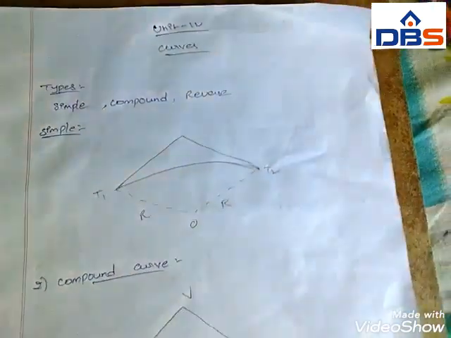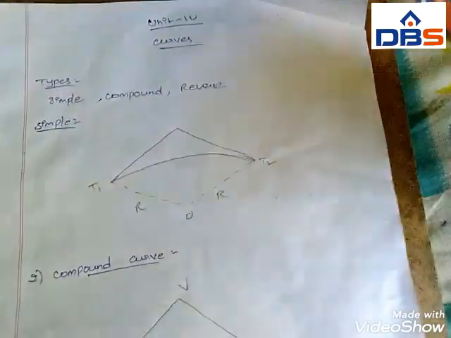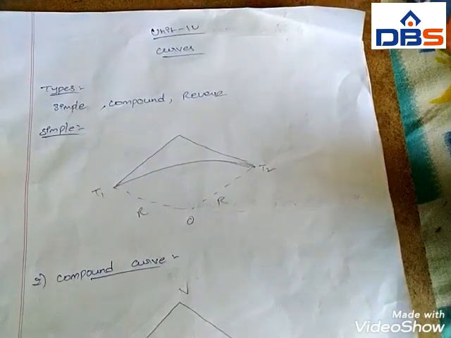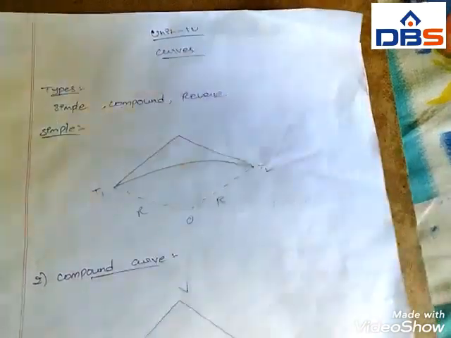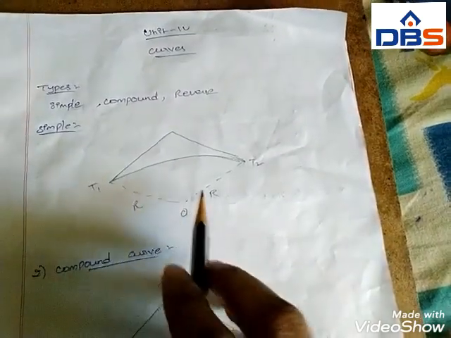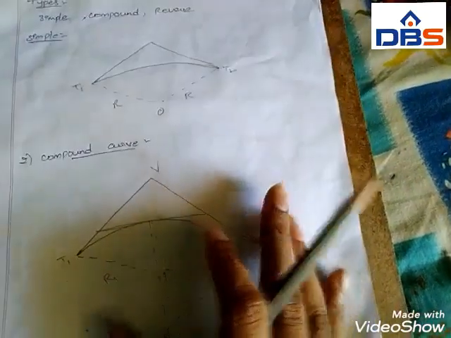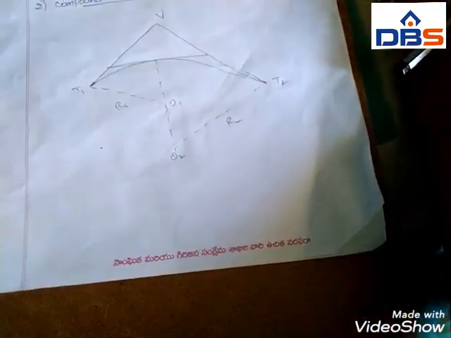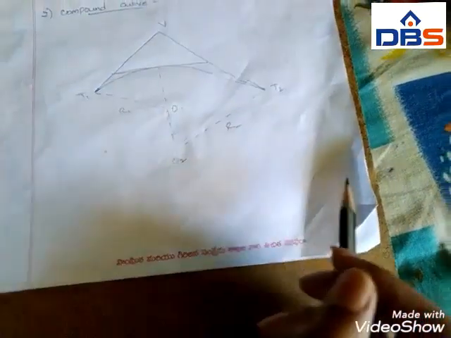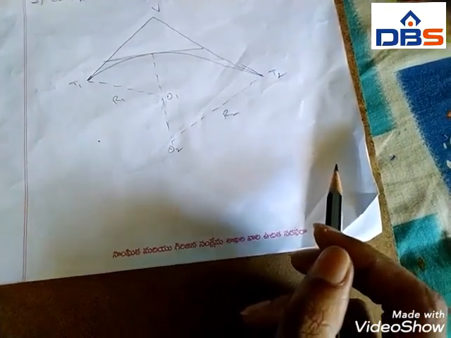Now coming to the simple curve. A simple curve is one which consists of a single arc of a circle. It is tangential to both the straight lines. A compound curve consists of two simple arcs that are turned in the same direction and join at a common point.